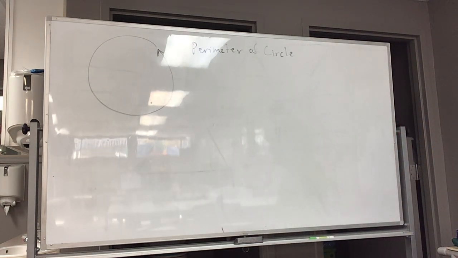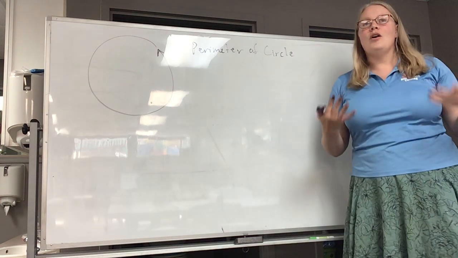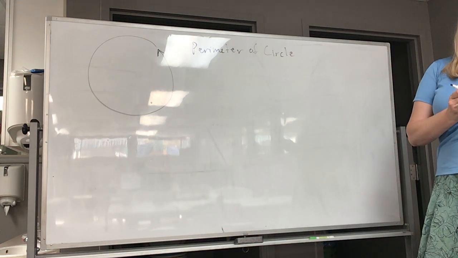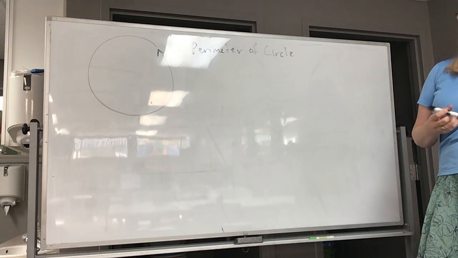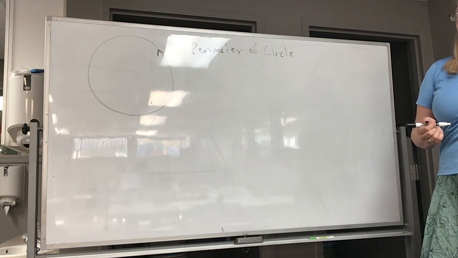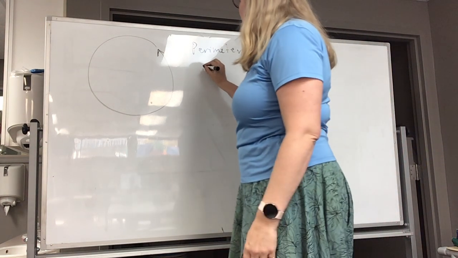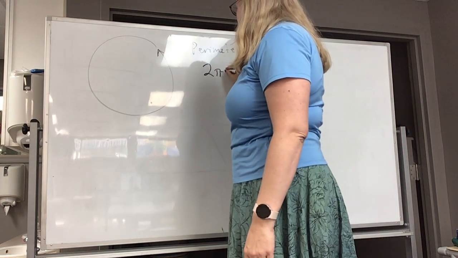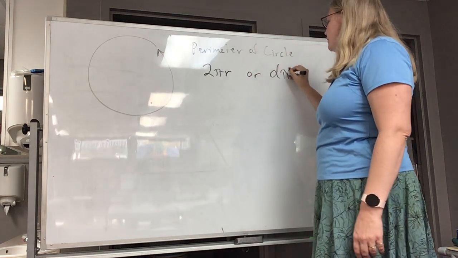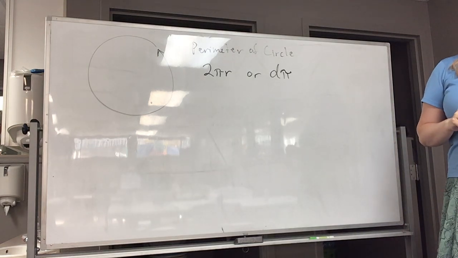Again, these are the ones that they expect you to have memorized because there are no formulas. Whether you choose to use 2 pi r or diameter times pi, it's a personal preference thing.